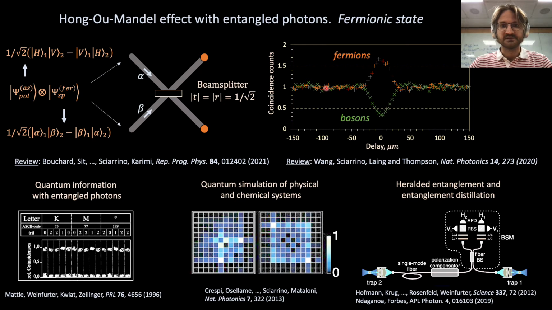As a result of this, we observe a peak in coincidences instead of the dip for bosons. This ability to switch between fermionic and bosonic types of interference of entangled photons has many applications as well. For instance, in quantum information, let's say dense coding, also for simulation of physical and chemical systems, both of bosonic and fermionic types, and for heralding of entanglement and its distillation.